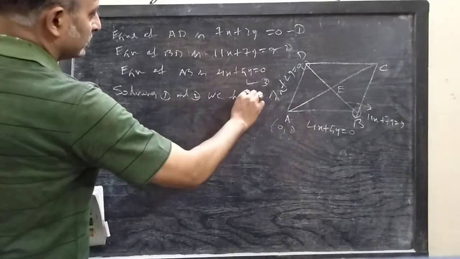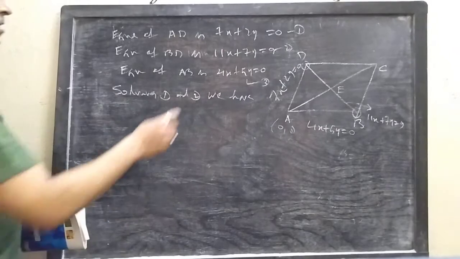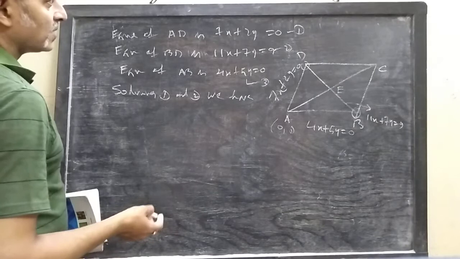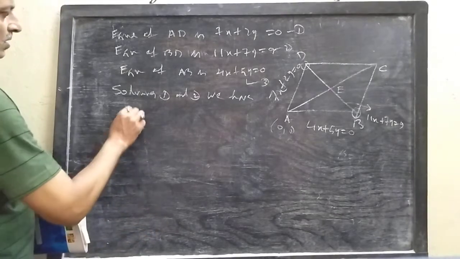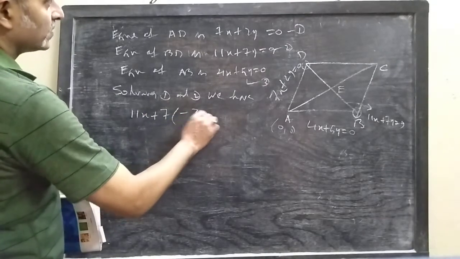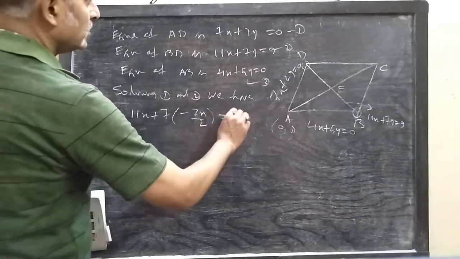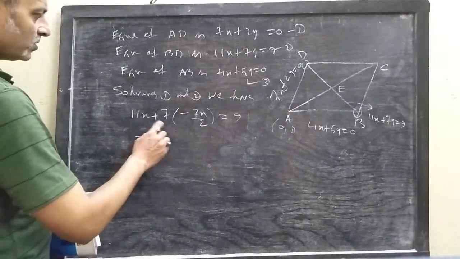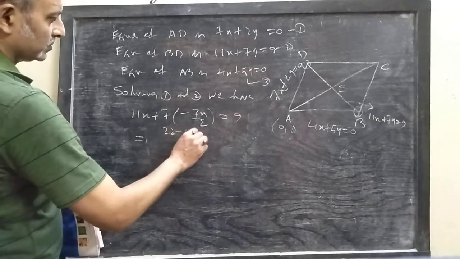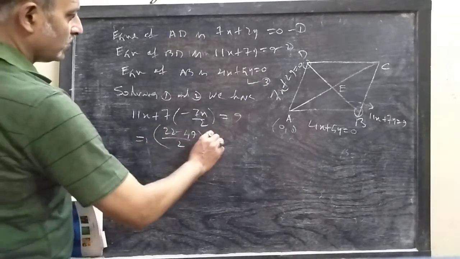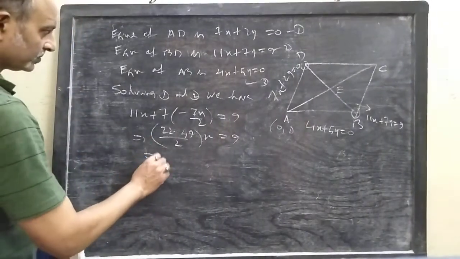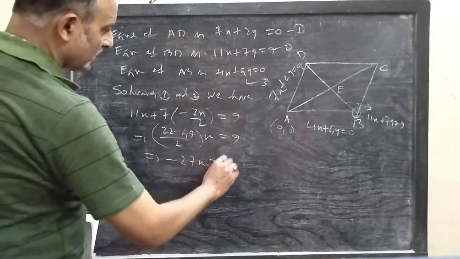We have, just substitute y equals minus 7x by 2. 11x plus 7 into, instead of y, write minus 7x by 2 equals 9. We get (22 minus 49) by 2 into x equals 9. This is minus 27x by 2 equals 9, so minus 27x equals 18.